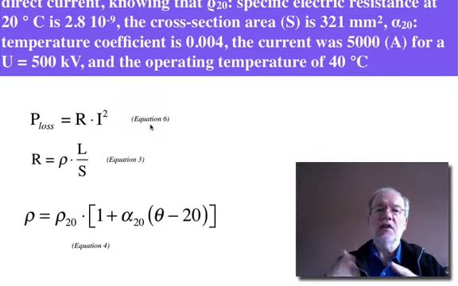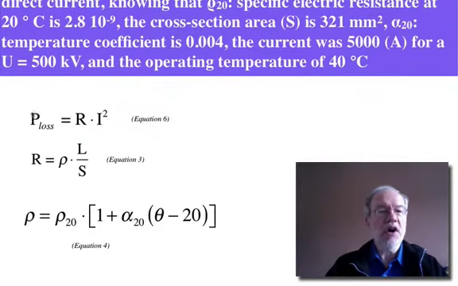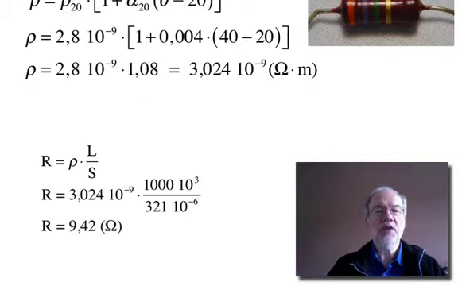We can find all the equations in the context. The power lost is the resistance multiplied by the current squared. We can calculate the resistance by this equation, and we can calculate the specific resistance at 40 degrees. If we do that, you see all the numbers.